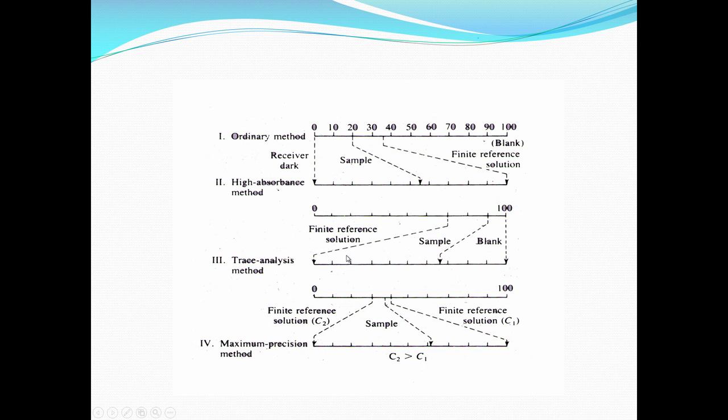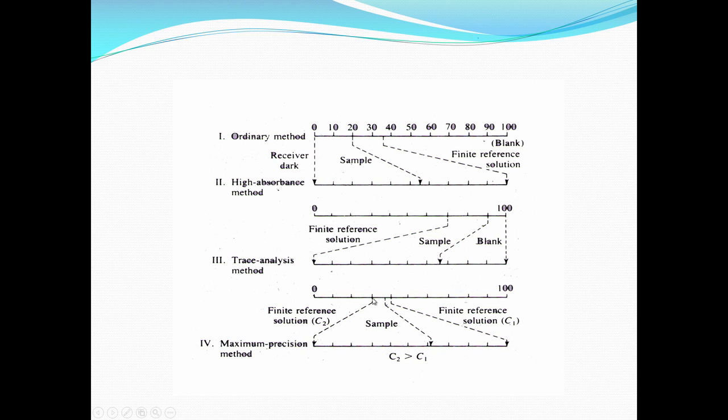So, this is another way of dealing with substances which are very valuable, with a very small quantity available, and transmittance is very low. Now, there may be some substances where I have to adjust, it is neither at high absorbance nor at low absorbance, but I need very high accuracy.